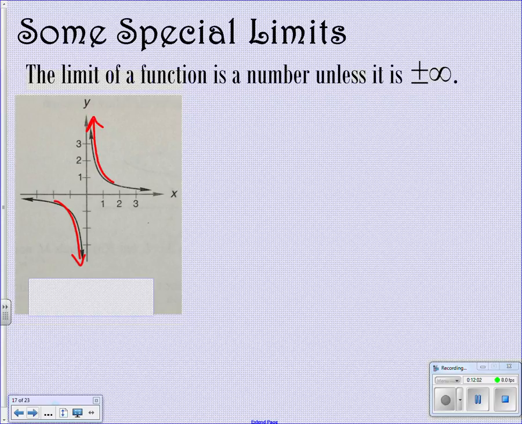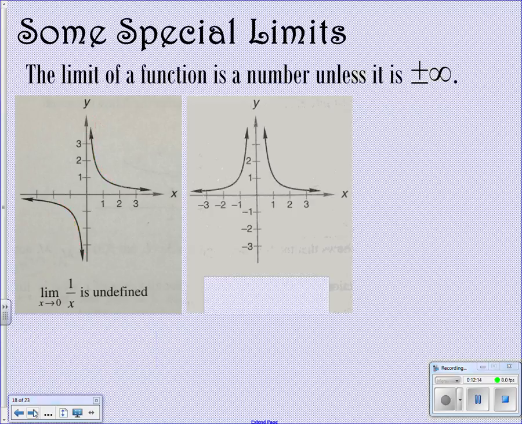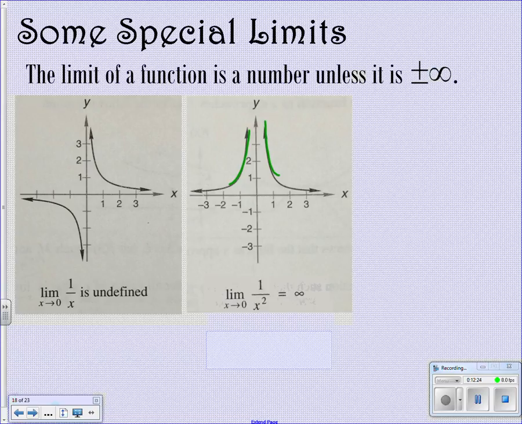They equal two different things. So this function's limit as x approaches 0 is undefined because the left and the right-hand limits do not match up. Looking at this one, the limit as x approaches 0 would be infinity because they're both going up to positive infinity.